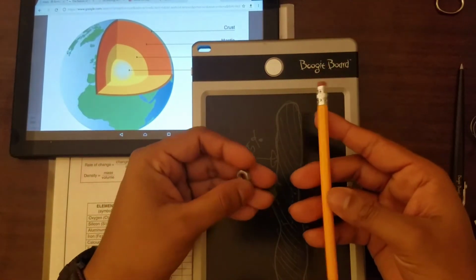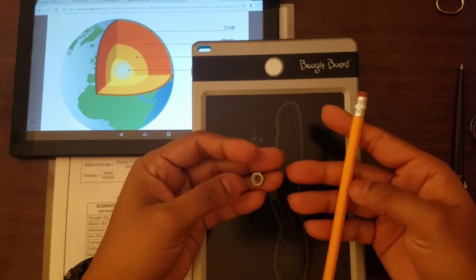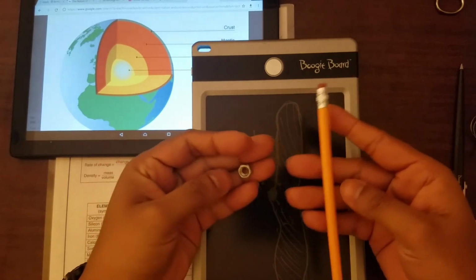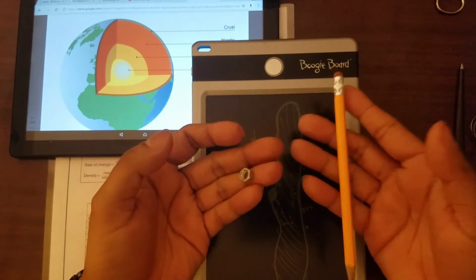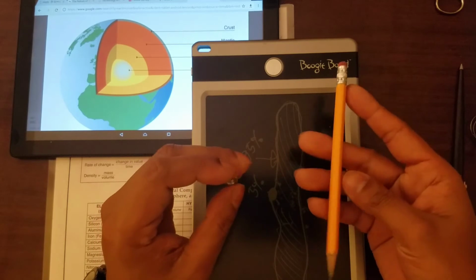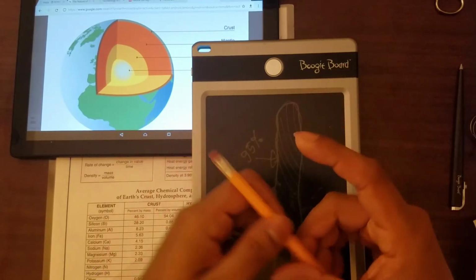Even though the pencil is huge, if I compare their masses, they have the same mass. The nut is very dense, that's why it's heavy, and the pencil is made of wood, which is not very dense.